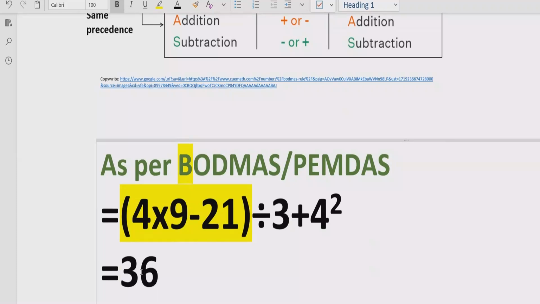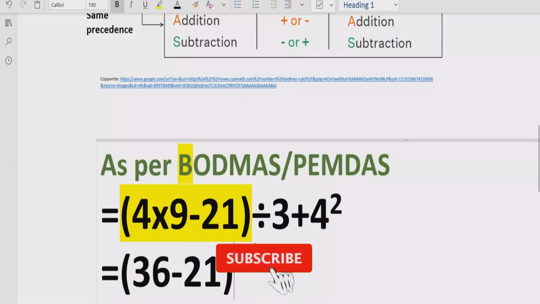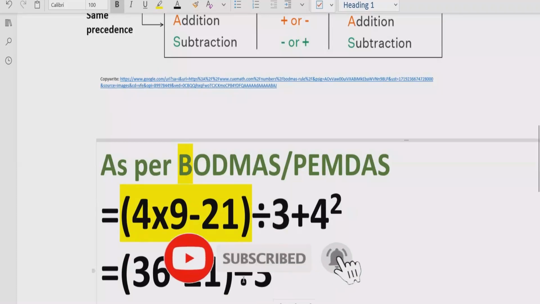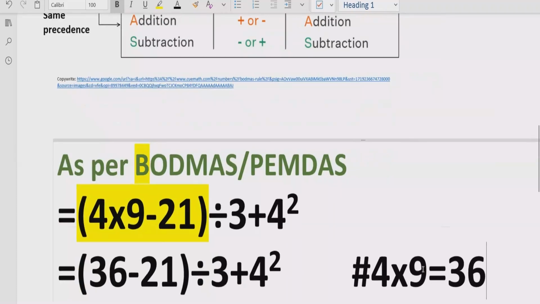We will write 36 and we will again write the bracket, minus 21. We will write minus 21 and divided by 3 plus 4 raised to power 2. Again, we will write as it is. And here we have to give the reference, which is 4 multiplied by 9 equals 36.